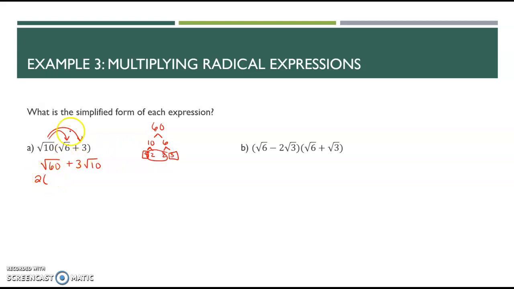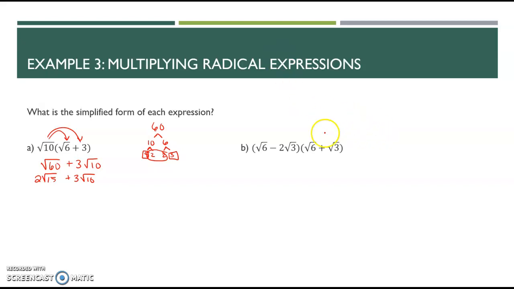So we're going to have 2 square root 15 plus 3 square root 10. And so this would be that example of square root of 15 and square root of 10 are not the same radical, and so we cannot combine them, and so that's our final answer.